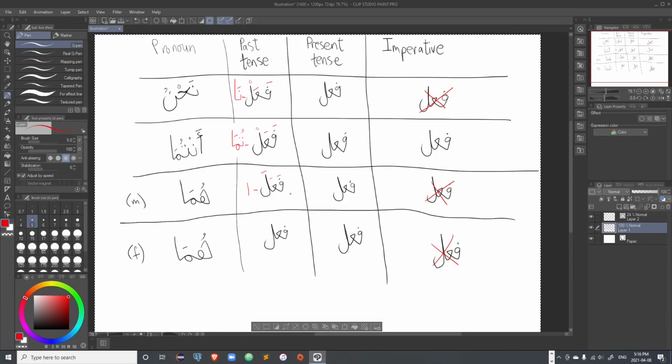There are those who write it like so, with this being the lam, then it curves backwards and the alif moves to the front like so. This may confuse you, so you can write it like so. But if you do see this in text, know that this is lam, alif. Okay, now for the feminine huma, it will be فعلتا. They did.